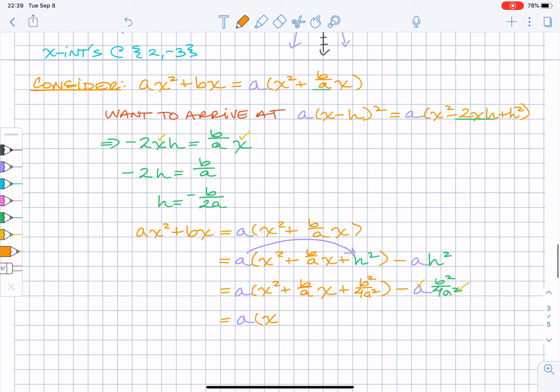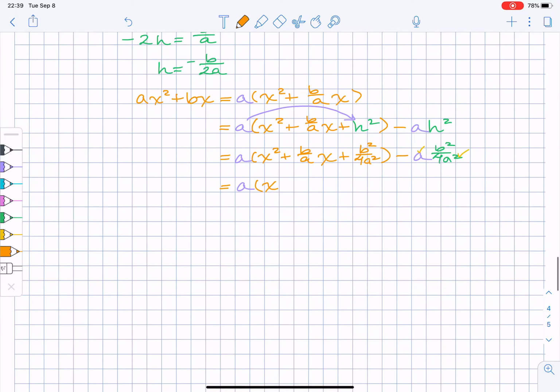Because that's a negative minus h, or let me write it this way, plus b over 2a, quantity squared, minus b squared over 4a. Okay.